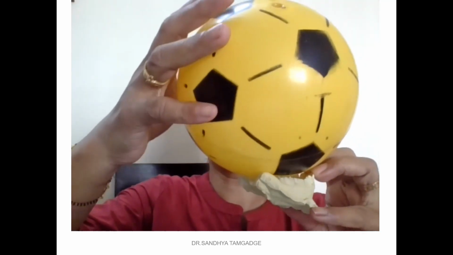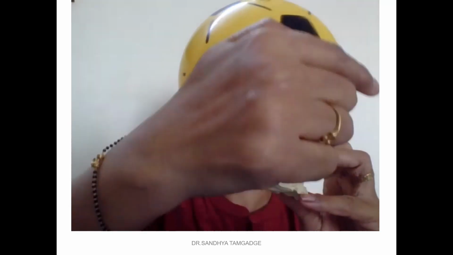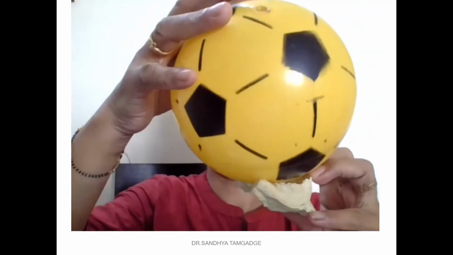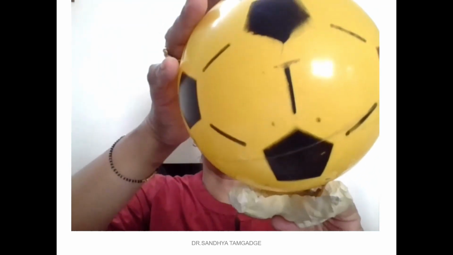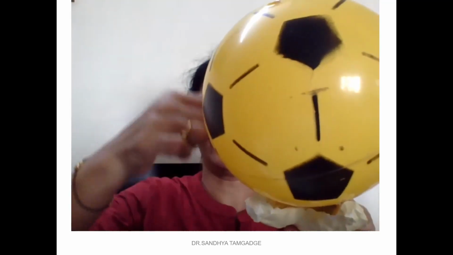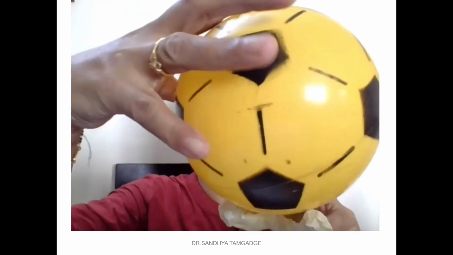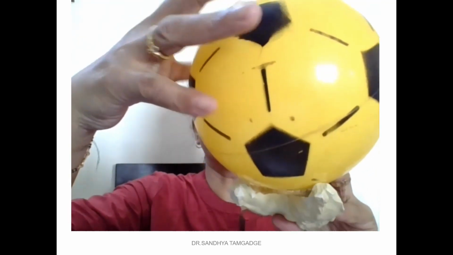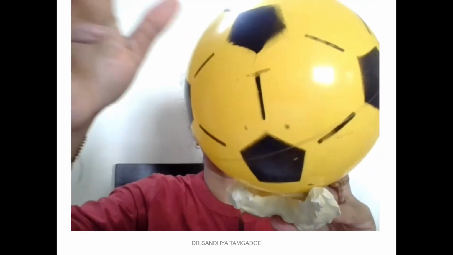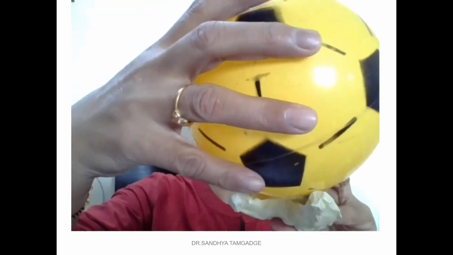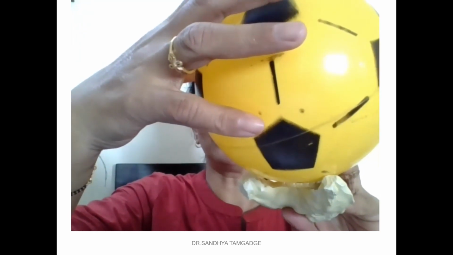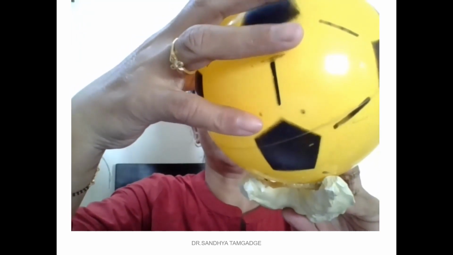So this is the anteroposterior curve, that is curve of Spee, and mediolateral is curve of Wilson. If you join this anteroposterior and mediolateral, it will form a curve of Monson, and the radius is 4-inch, and the center is present in the glabella. This glabella landmark you have already studied in anatomy.